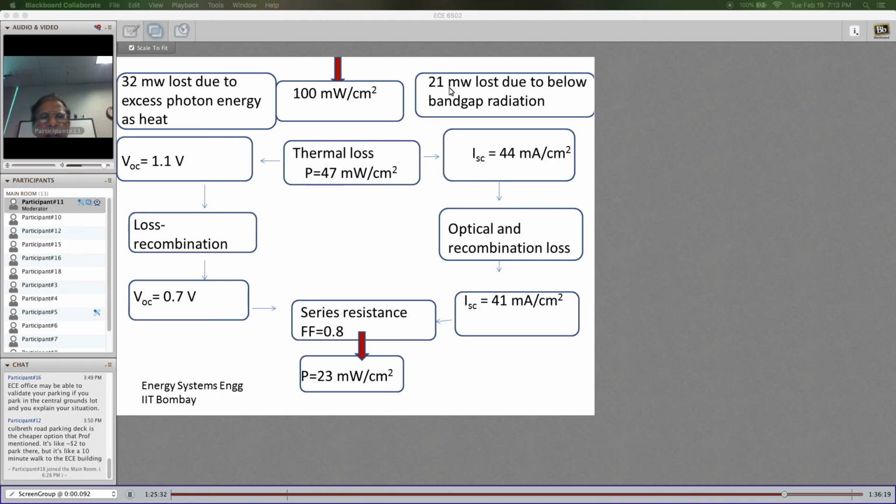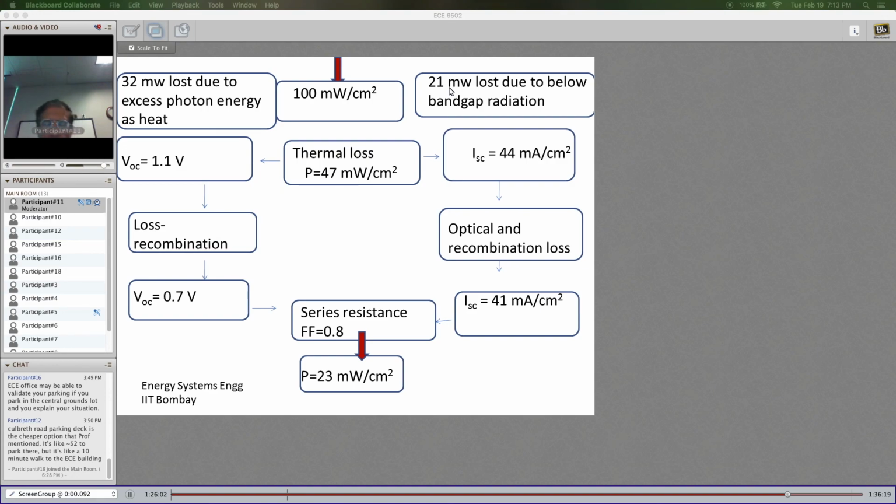On the voltage side, the PN junction which you form, because of recombination, can only give you a VOC of about 0.7 volt, rather than 1.1 volt. Also, due to the series resistance, the fill factor can be about 0.8.